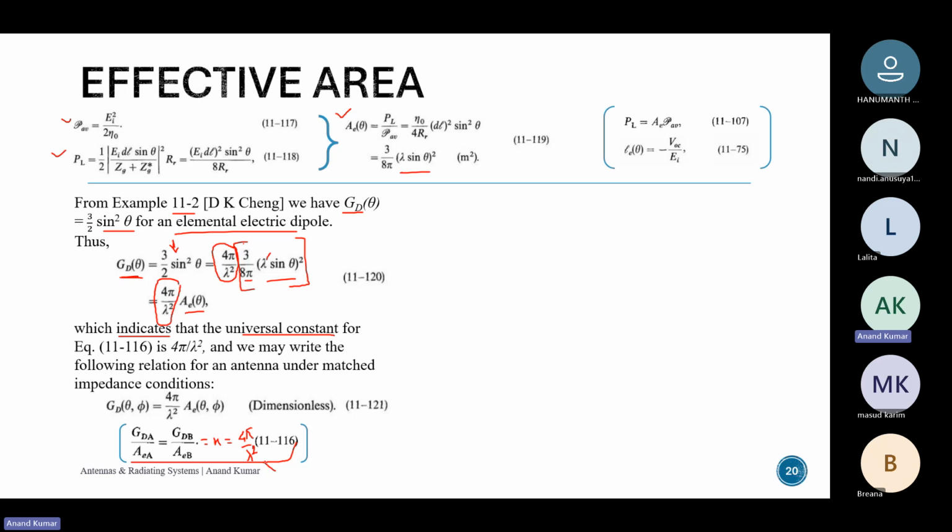This is the constant. Once we have the constant, if we have the directive gain, we can calculate the effective area, or if we have the effective area, we can calculate the directive gain at that particular wavelength or frequency. I'll pause here, let you read these two steps, very crucial, and if there are any questions.